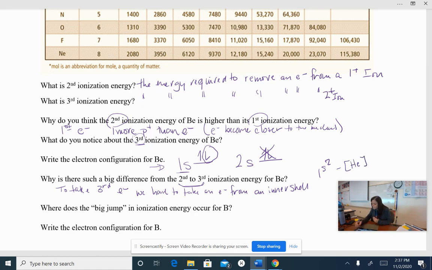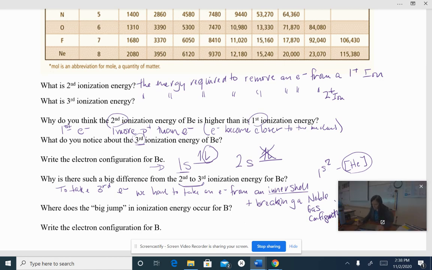I even have 2 more protons, so the electrons are going to be even tighter than helium. So not only am I taking from an inner shell, I'm also breaking a noble gas configuration.